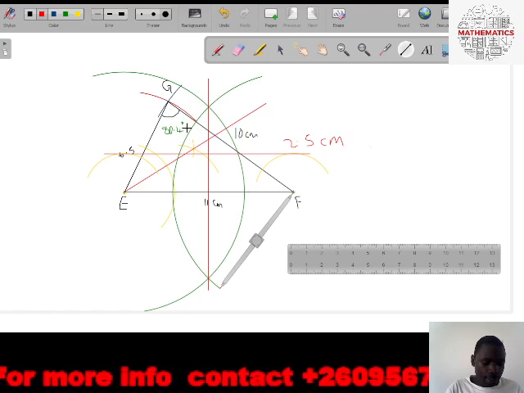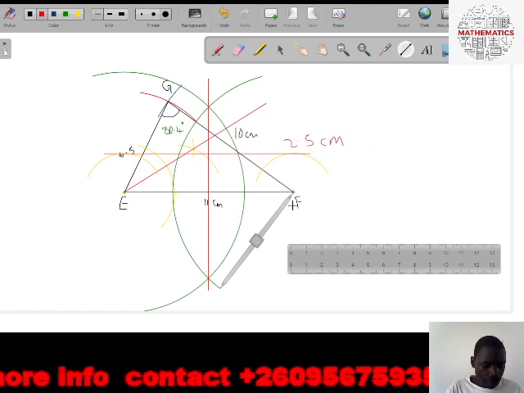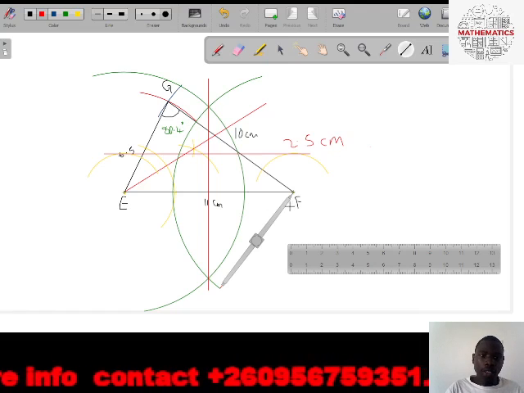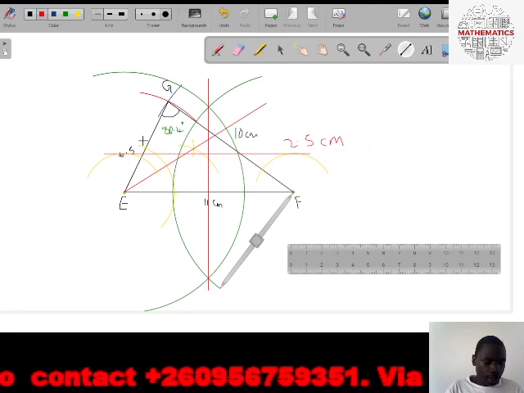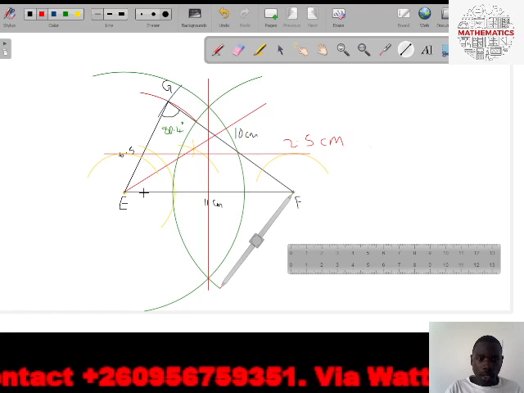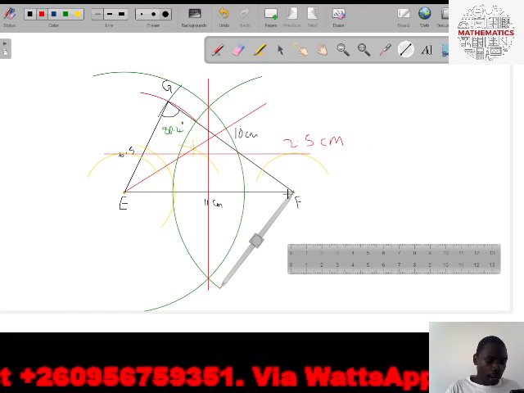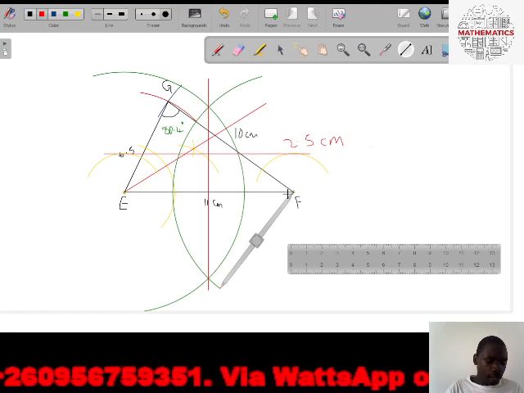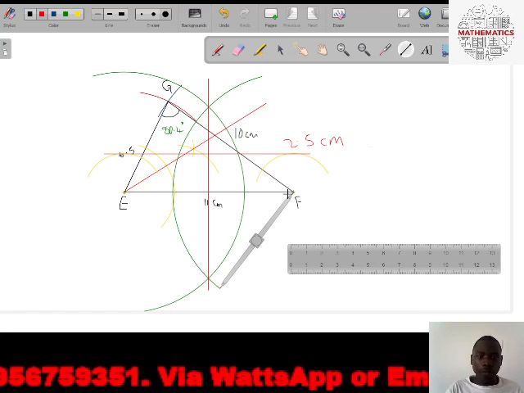is such that it is nearer to EF than EG. Okay, it's nearer to E than F. And then they are saying it is greater than or equal to 2.5 centimeters away from EF.